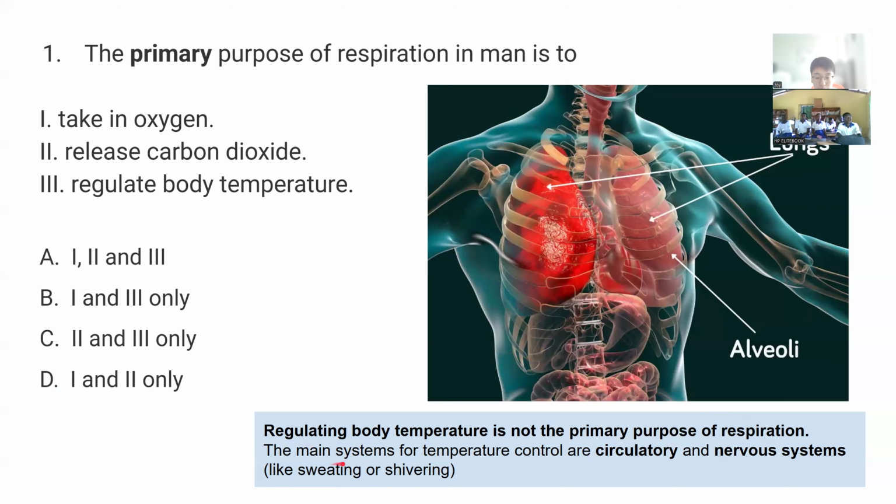Body temperature is rather controlled by the circulatory and the nervous system to make us start sweating or shivering. But it is true that it takes in oxygen and it releases carbon dioxide in the respiration system, but it doesn't regulate the body temperature. So the answer must be D, which is just one and two.